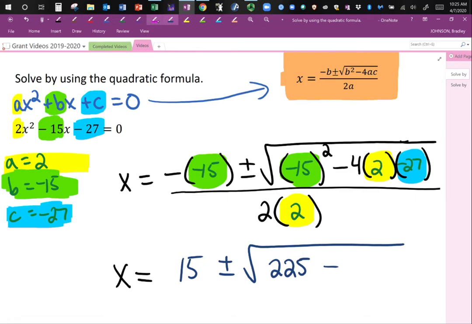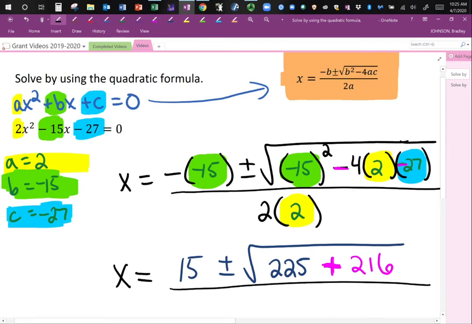Now the negative and the negative would really make a positive. Now 4 times 2 is 8. 8 times 27, that's a large number. I recommend using your calculator. That is actually 216. And then we're dividing this all by 2a, which is 2 times 2. It's all divided by 4.